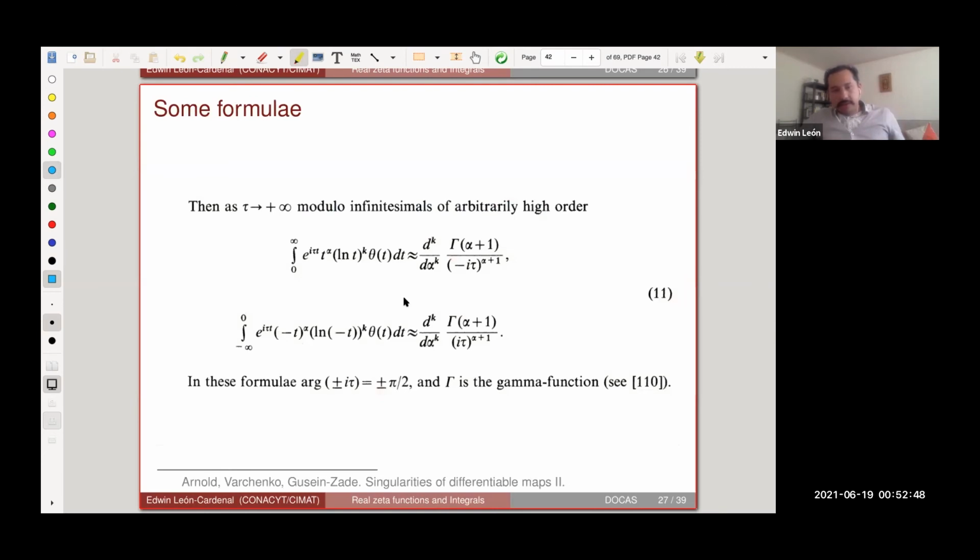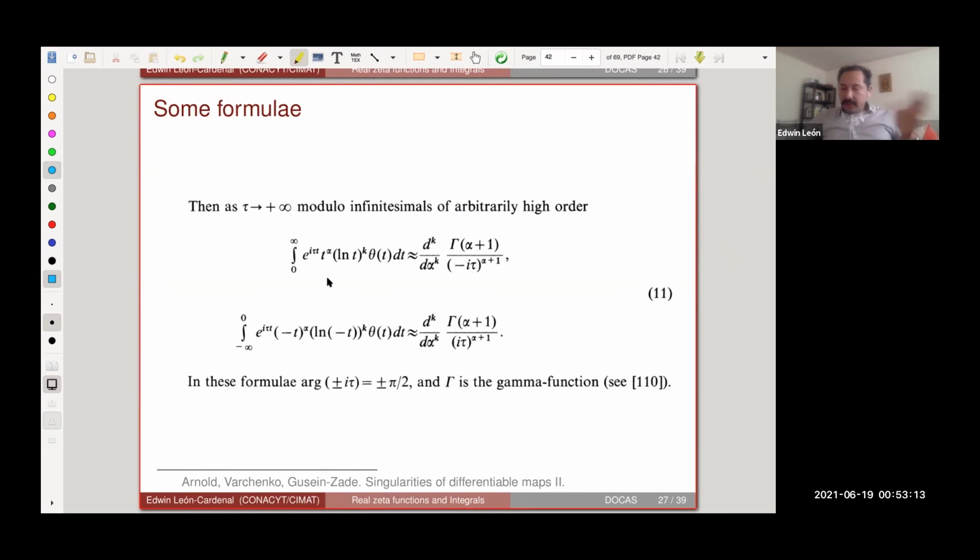What is the content of this slide? This formula says that the trick that we used at the beginning was saying that we need to study the asymptotic expansion at infinity when the parameter goes to infinity.